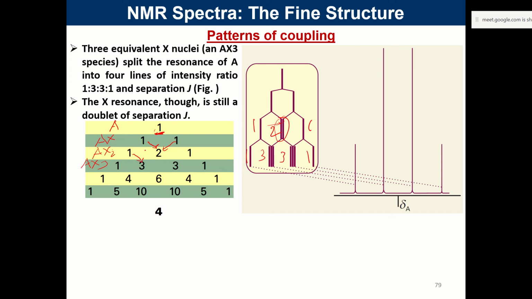Then for X3, 2 plus 1 is 3, 2 plus 1 is 3, so 1:3:3:1, and like that you can go on. 3 plus 1 is 4, 3 plus 3 is 6. This is how the splitting will happen. We are drawing this scheme for AX type nuclei, and from the point of view of the A resonance, the chemical shift position of A will be split in this fashion.